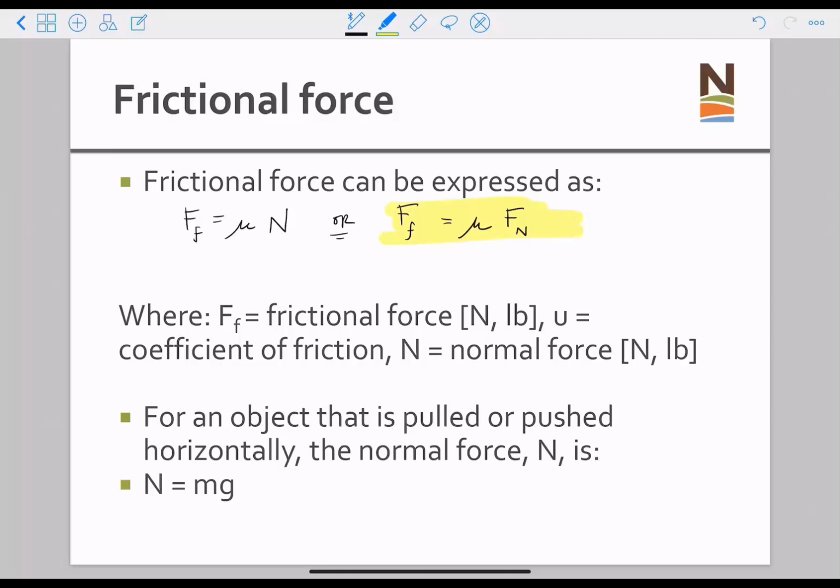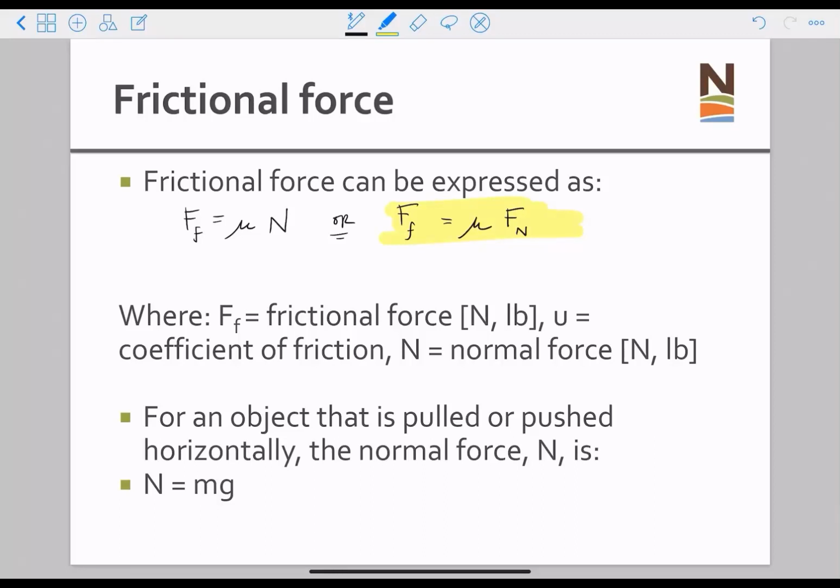If you've ever tried to push a box or an object along a surface, you'll notice that when it's first starting out, it's a little bit harder to push it just to get that motion started. But as soon as it starts moving, it actually feels a lot easier after that initial push. And that's the difference between your static coefficient of friction, when it's not moving, versus the dynamic coefficient of friction.